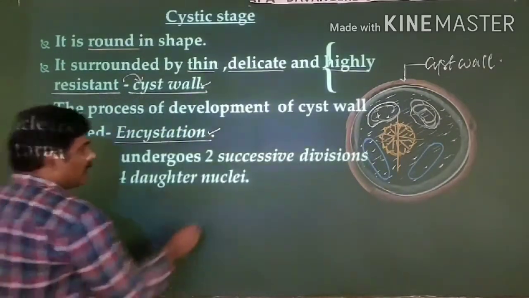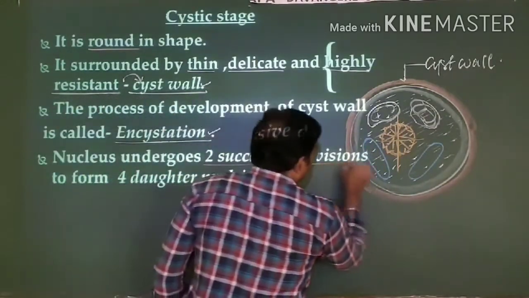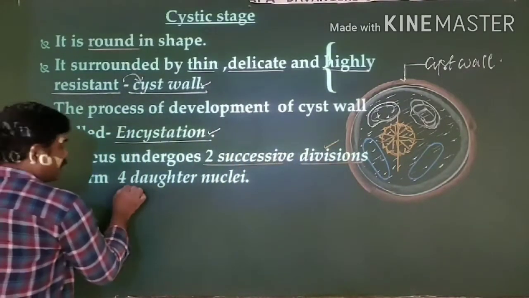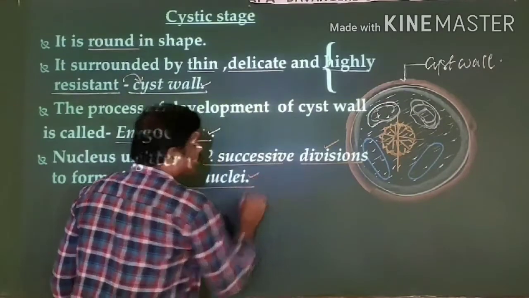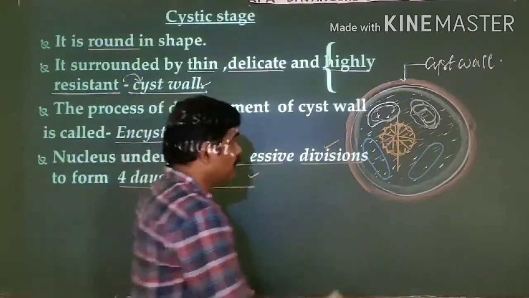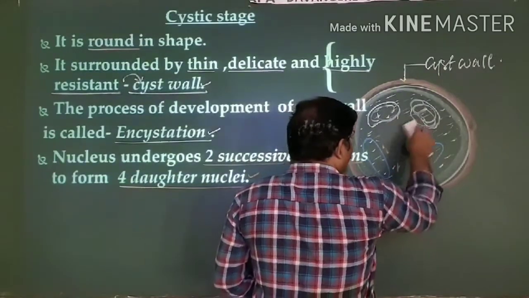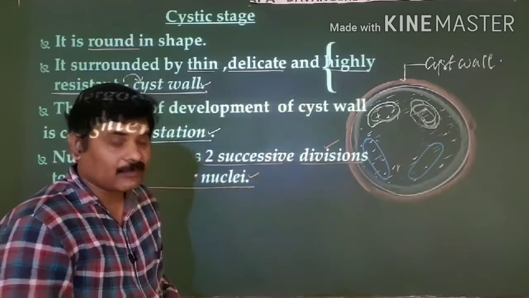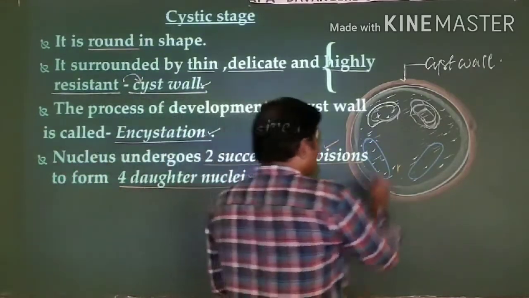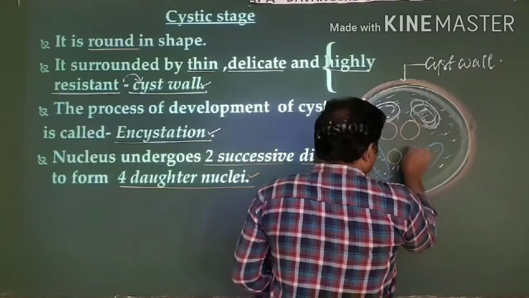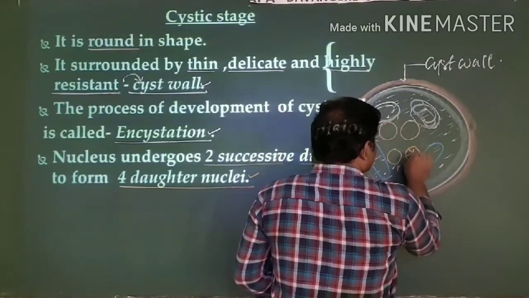This is an important thing. The two successive divisions within the nucleus result in the formation of four daughter nuclei. At this stage, this parasite is known as a tetranucleate cyst. This is what we call the tetranucleate cyst.